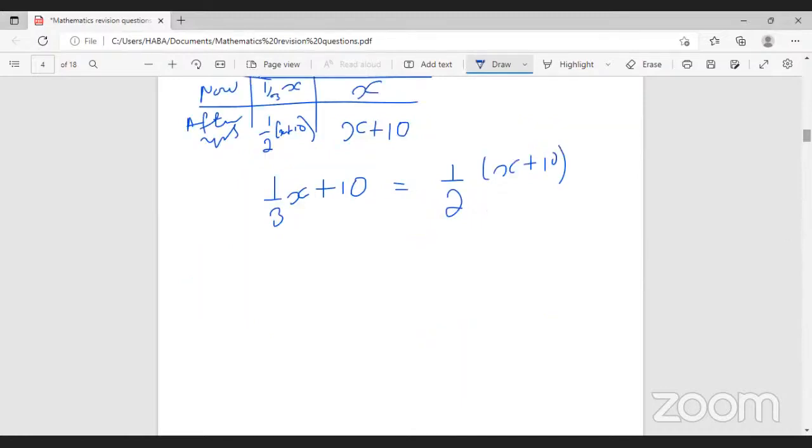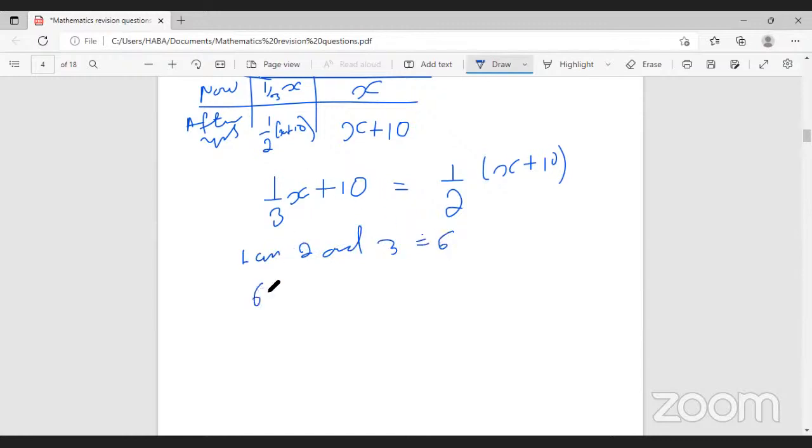Okay, so what we are going to do, still here we can find the LCM of 2 and 3. And this would be 6, and then we multiply it.